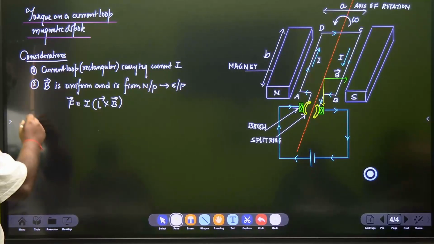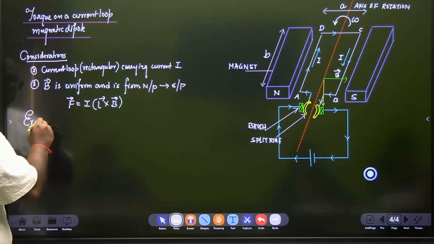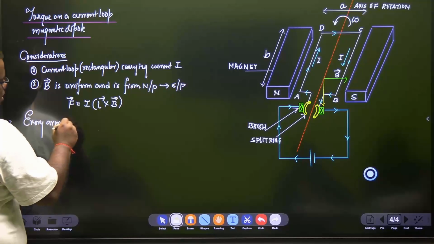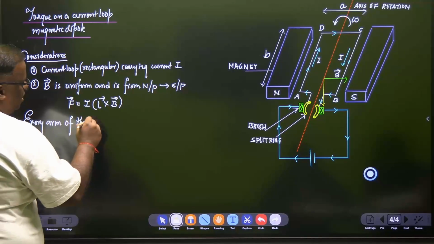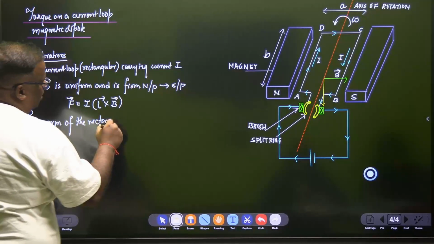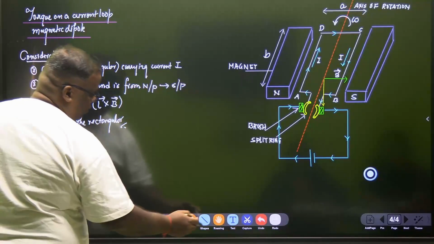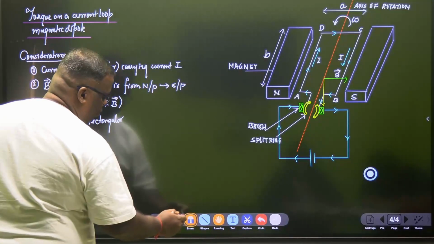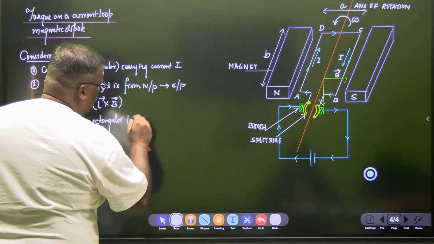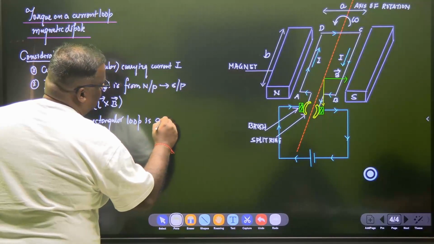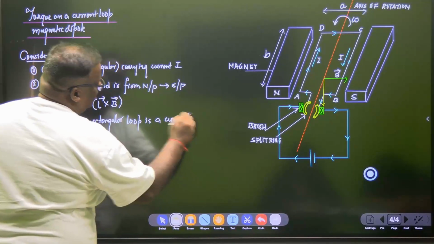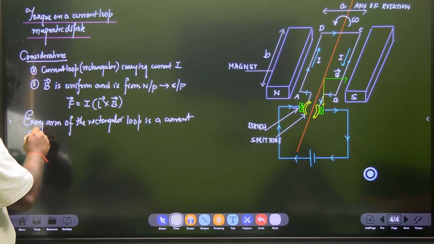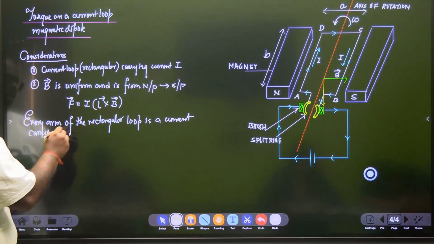Now we will write that every arm of the rectangular loop is a current carrying conductor.